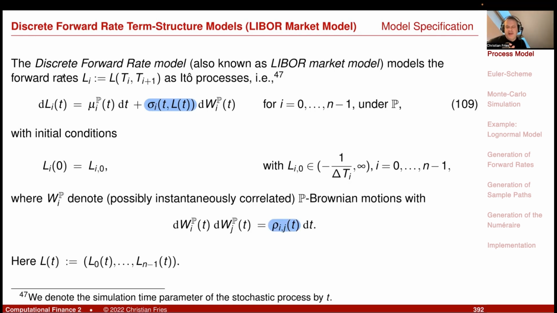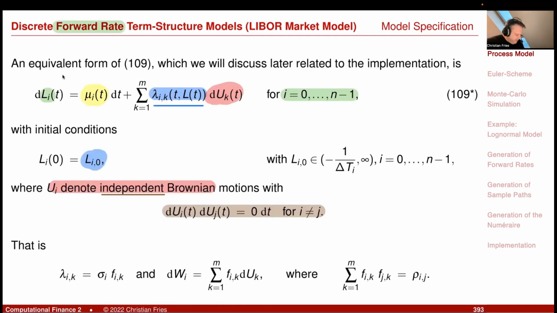In this representation, it is the correlation of the instantaneous Brownian driver if every forward rate has just a single Brownian driver, so the instantaneous correlation of the forward rates. So the lambda i is actually sigma i times Fik, where the Fik's are coming from the Cholesky decomposition of the correlation matrix. So that was the model that was maybe a good candidate to be implemented.